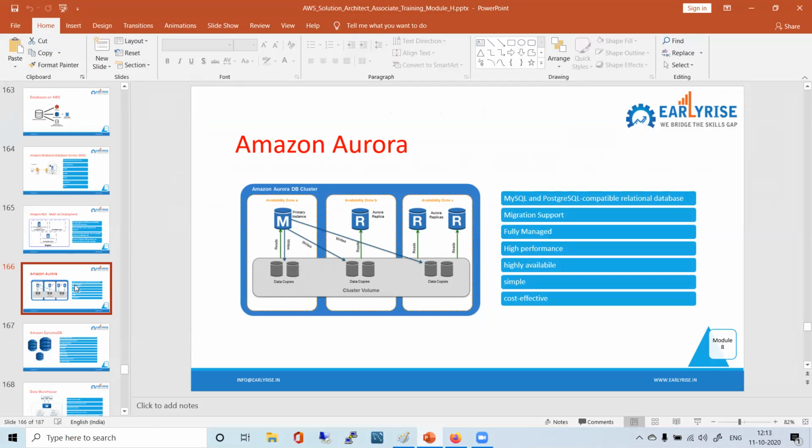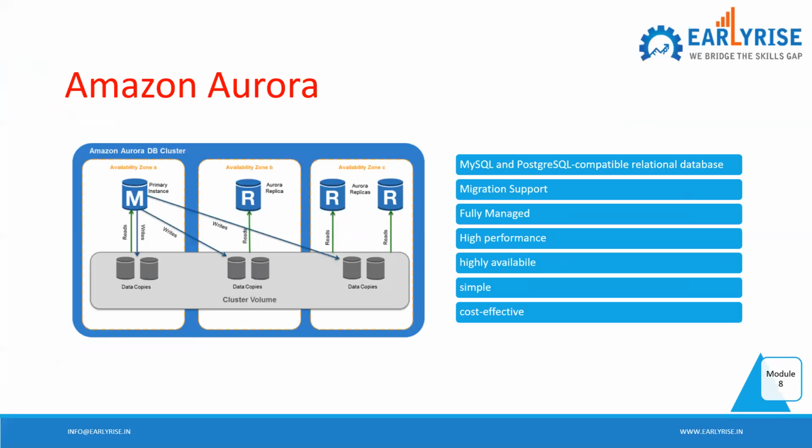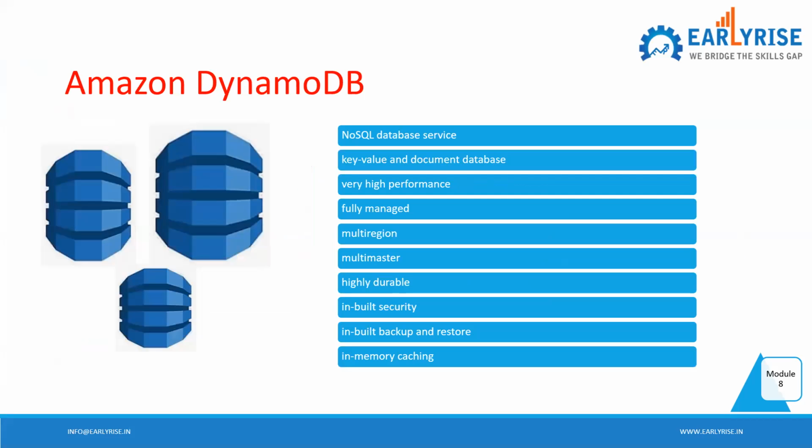In Aurora we saw we have MySQL and PostgreSQL options, and then you have DynamoDB. We discussed NoSQL. This is a good example of a NoSQL database service. It will be a key-value and document database type. In the document database type, it will be plain documents like JSON, which will be accessible.